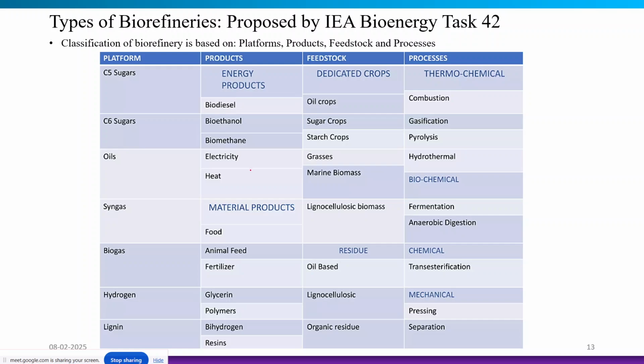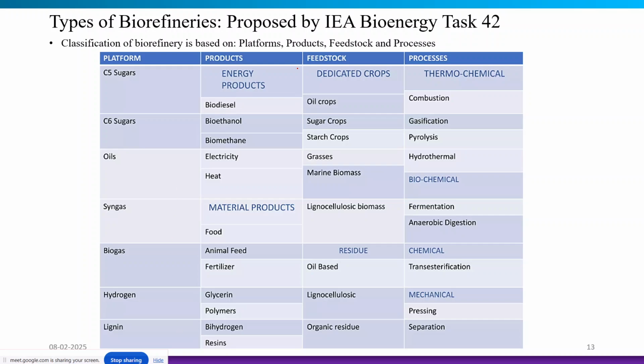The other one is the material driven biorefinery. Those give outputs such as food, animal feed, fertilizer, glycerin, polymer, biohydrogen, and resins. These are some product based biorefineries.